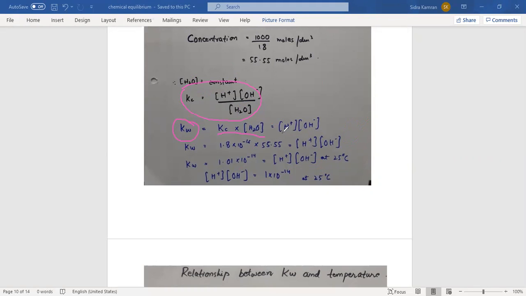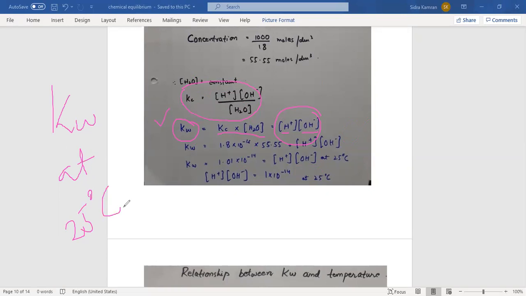Here you can see these are the ions, H positive ion and the OH negative ion. So due to these ions, this is called the ionic product. Ionic product of water is Kw. Kw is the ionic product of water, also called the dissociation constant of water at 25 degrees Celsius.